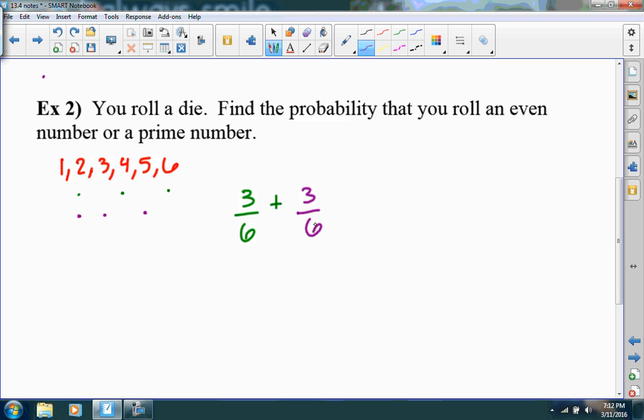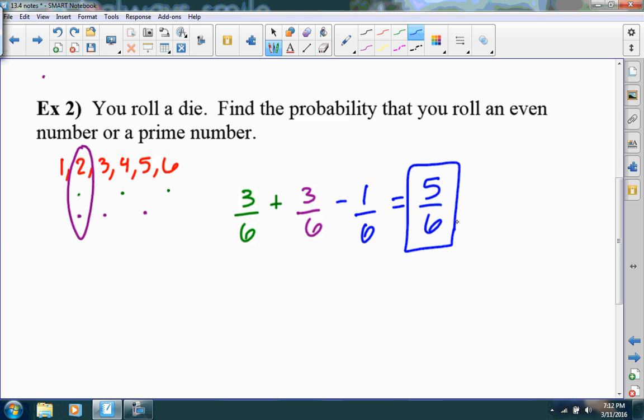And then there was one that is an overlap. 2 is both an even number and a prime number. So then I have to subtract 1 out of 6. So 3 plus 3 is 6, minus 1 is 5 out of 6. This will be my final answer.